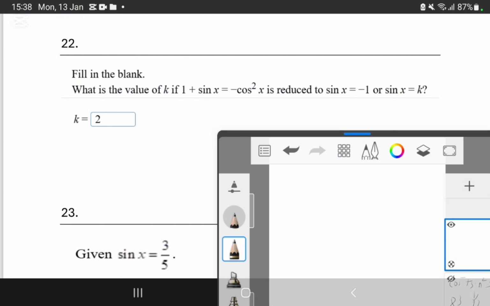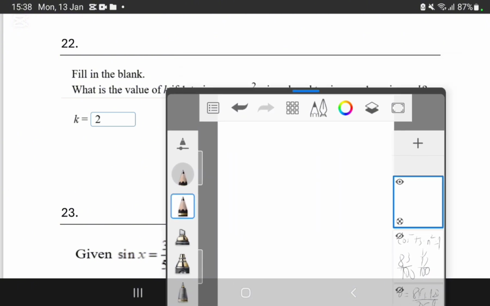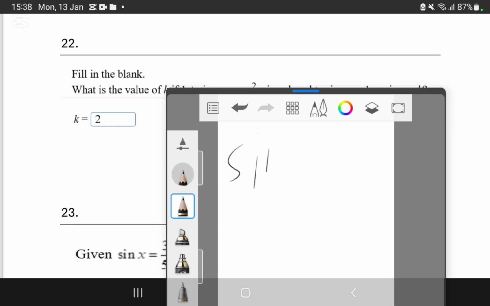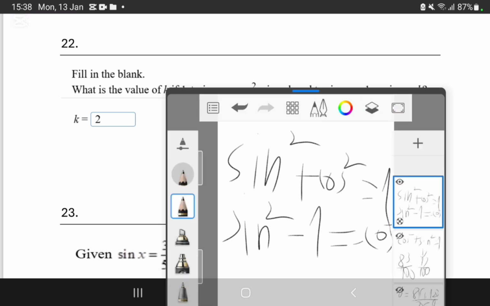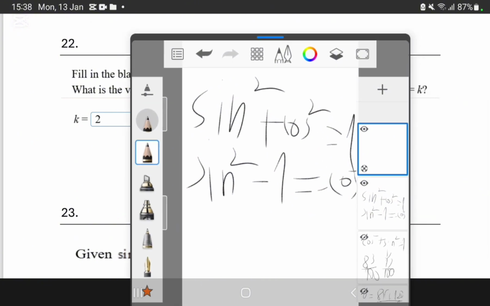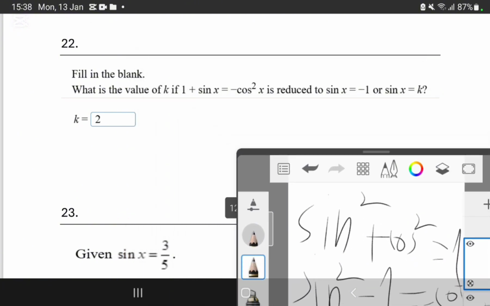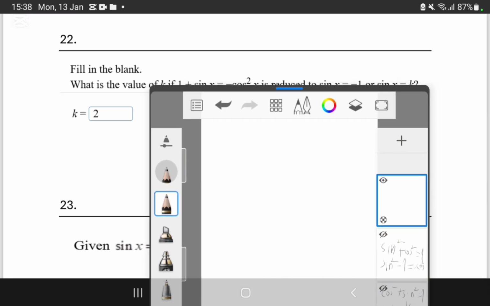Okay, so for this question, we've done something similar before, and we know that sine squared plus cosine squared is equal to 1, which means sine squared minus 1 is equal to negative cosine squared. So now that we know that, we're just going to substitute from here.